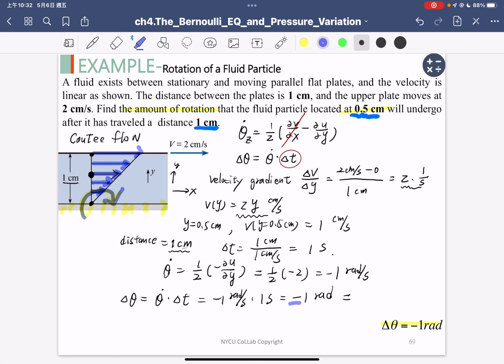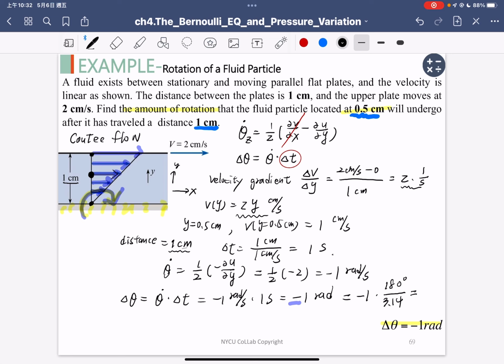And how many degrees? Because we know that pi radians is equal to 180 degrees. So we know that there is the minus multiplied by pi, and pi is around 3.14, over 180 degrees.